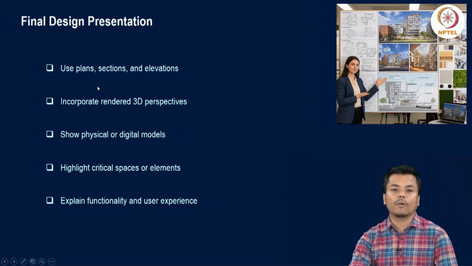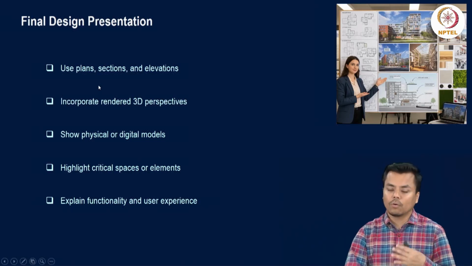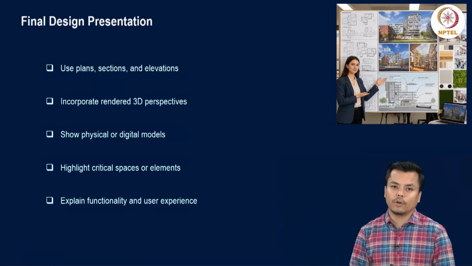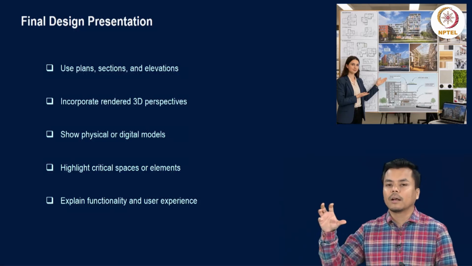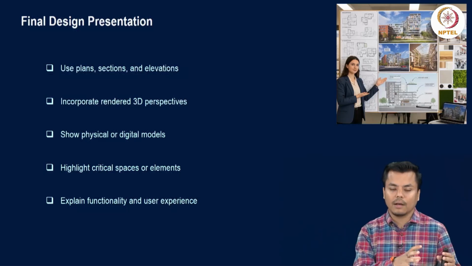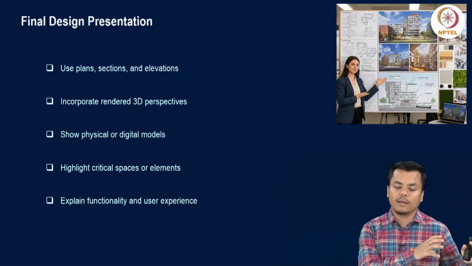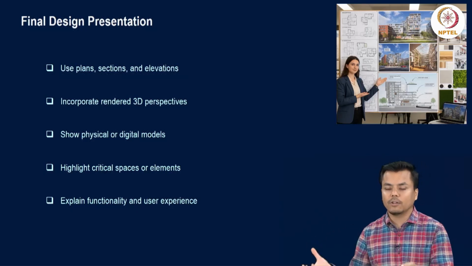Explain the functionality of your entire project. The jury is not interested in just seeing where all your different spaces are being kept. Generally students start by explaining, okay, this is where my entrance is, this is where my entrance lobby is, my classrooms are located at some corner, or if it is a hospital project, then your emergency.